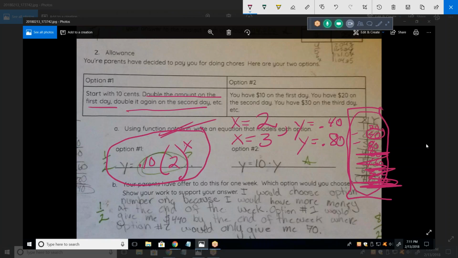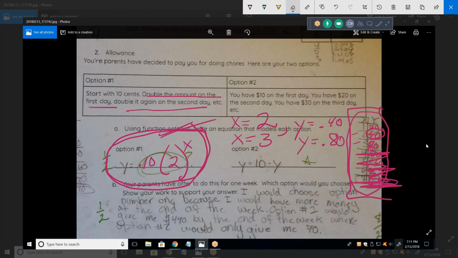There's nothing that says you have to put it in dollars. I could have left that as 10, and then everything is cents. As long as you know what the units are, that's what's important. Okay, so that's the correct answer for option 1.